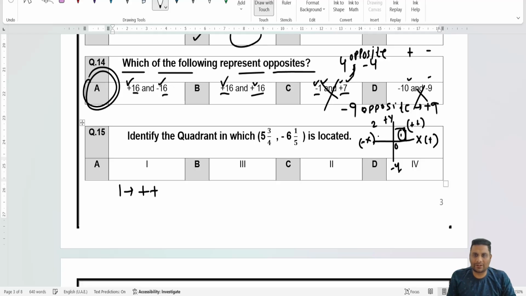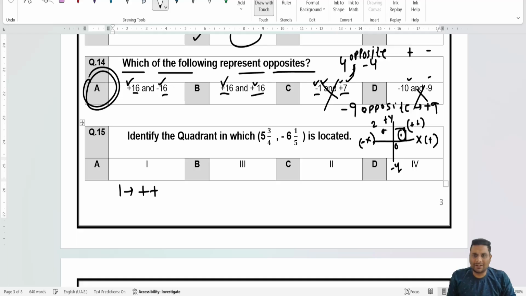In the second quadrant, the y is plus but the x is minus, which means in the second quadrant the x will be minus and the y will be plus. Third quadrant, quadrant number 3, the x is also minus, the y is also minus, correct? So in the third quadrant both will be minus.